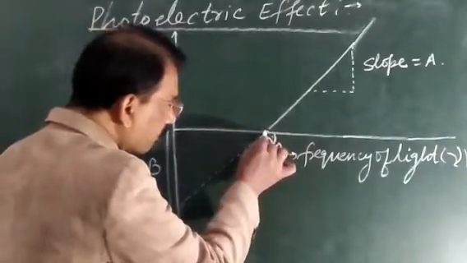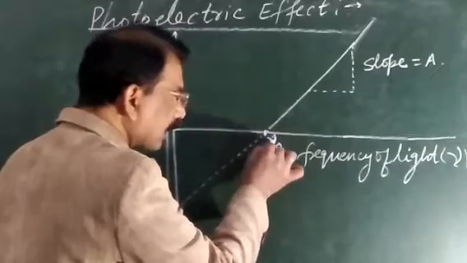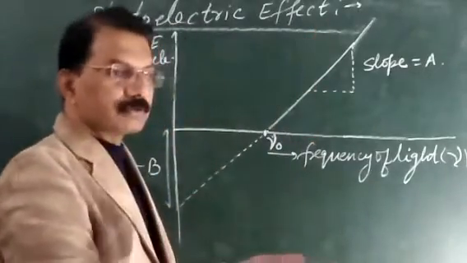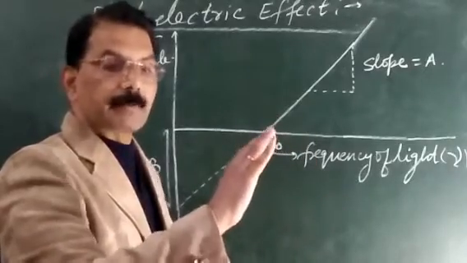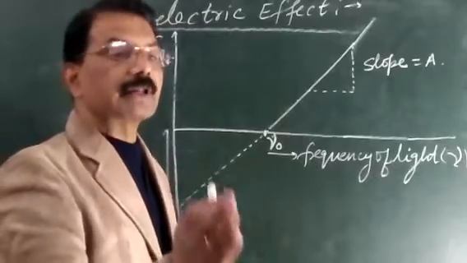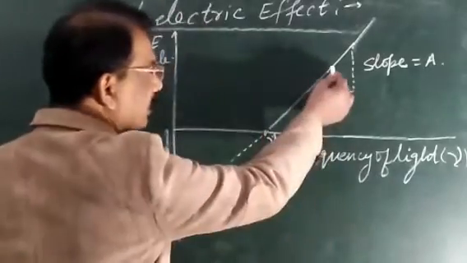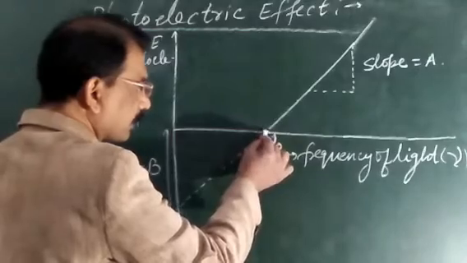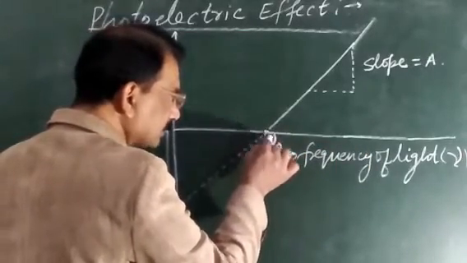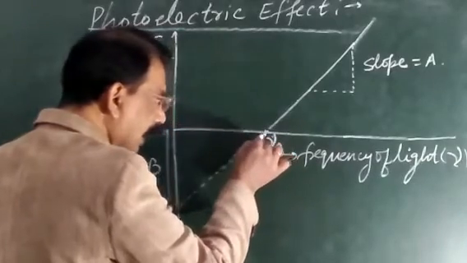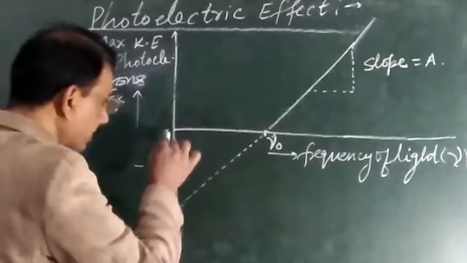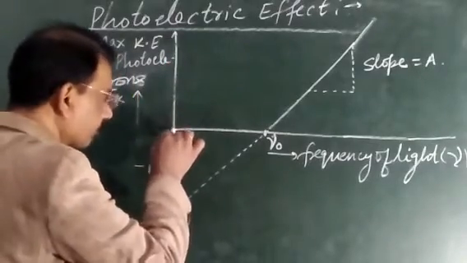And if the frequency of light is less than nu naught, अगर frequency of light इस threshold frequency से कम होगी तो उस मेटल से कभी भी फोटो इलेक्ट्रॉन का इमिशन नहीं होगा. It does not matter what the intensity of light is. When you extend this straight line, it cuts the frequency axis at nu naught, which gives the threshold frequency, and it cuts the kinetic energy axis at this point, minus b.